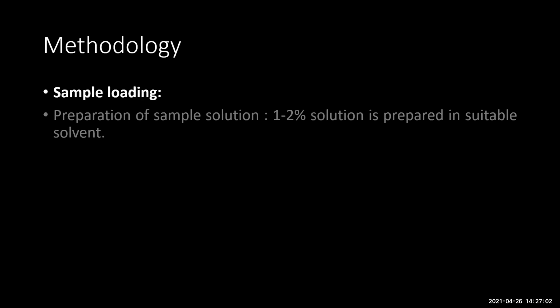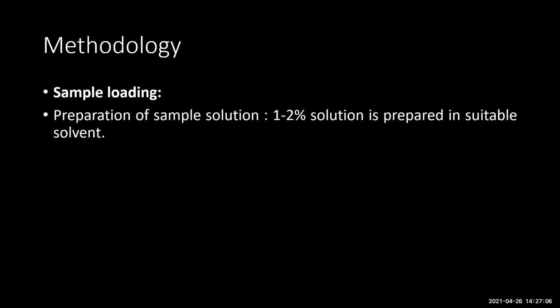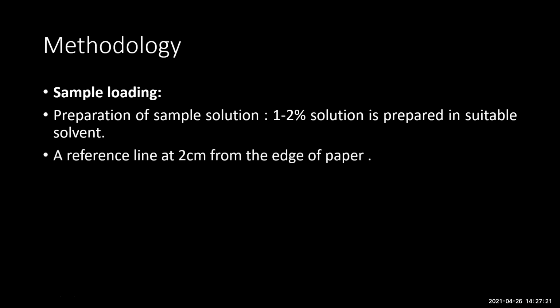Methodology: sample loading is a process where we add sample onto the paper. Here the preparation of the sample is very important. A 1 to 2% solution is prepared in a suitable solvent system. Very important. Why? We are loading the sample into the mobile phase, we are not loading the sample into the stationary phase. A reference line is drawn 2 centimeters from the edge of the paper, either at the bottom or at the top.